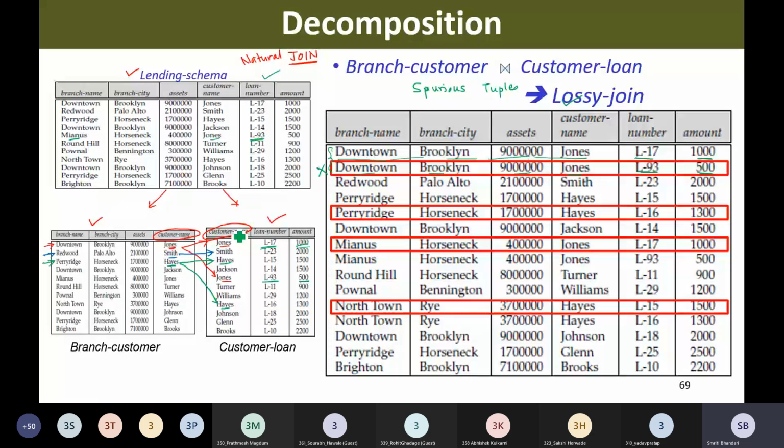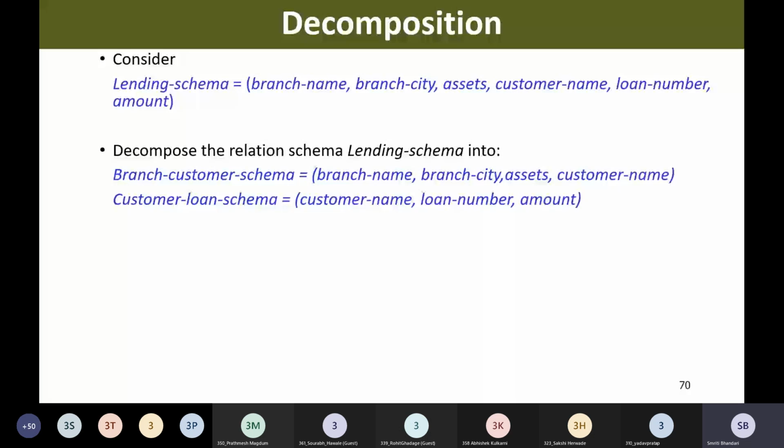So, to further illustrate this concept, I'm just summarizing the things. We had this original schema, the lending schema. We decomposed this schema into branch customer schema and customer loan schema.